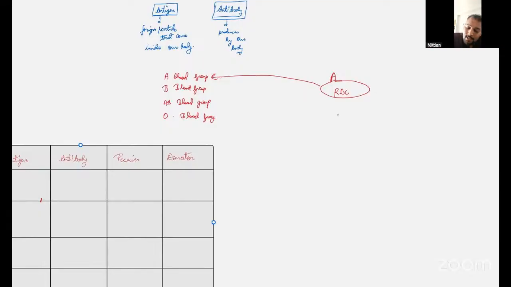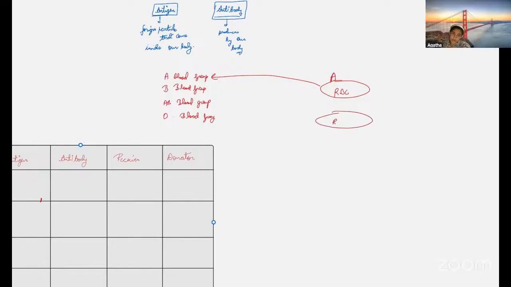So is an RBC antigen from outside the body, not produced by the body? I thought antigens were bacteria or any foreign particles that come into our body. Yeah, that is correct. But a person having a blood group automatically has an antigen which is not harmful for the body.